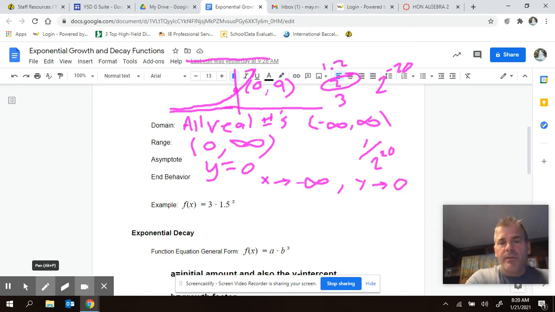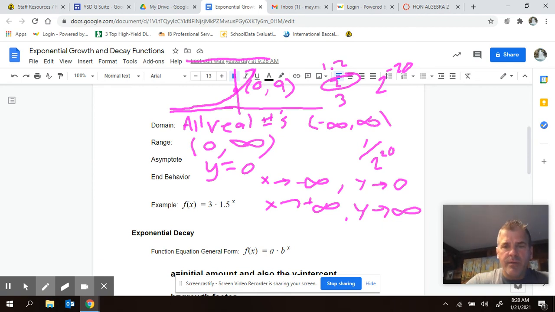It's going to settle on 0, closer and closer. It'll never reach it, but it's going to get close to 0 way out to the left. And then our end behavior as we go to the right: as x increases to positive infinity, our function y, or f of x, is also going to increase to positive infinity.